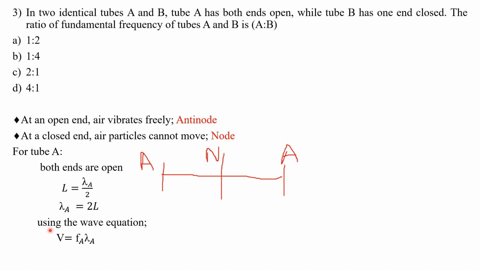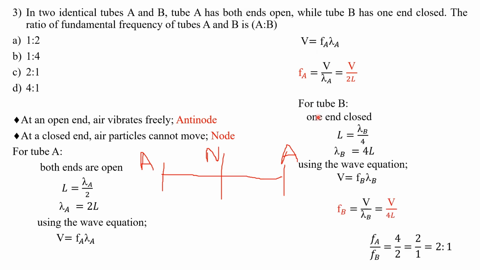And using the wave equation, we can get the FA value using V divided by lambda A. So we know the lambda A is equal to 2L. Then we can get the final FA value.